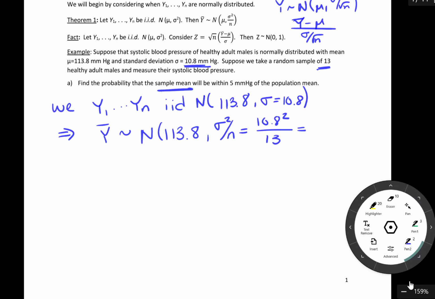And then I put that in my calculator and I got 8.9723.